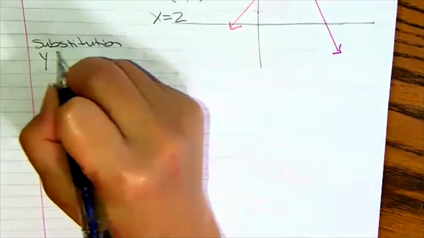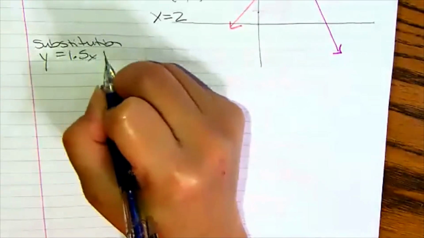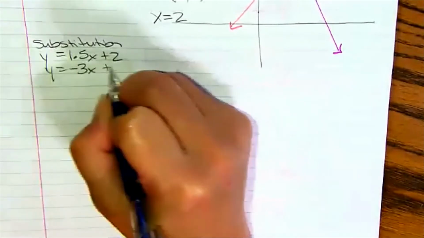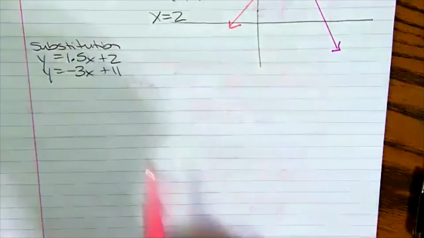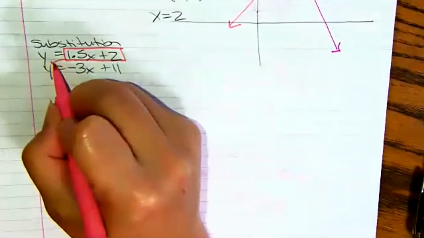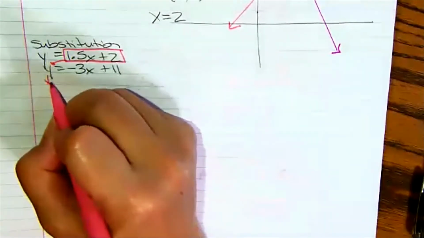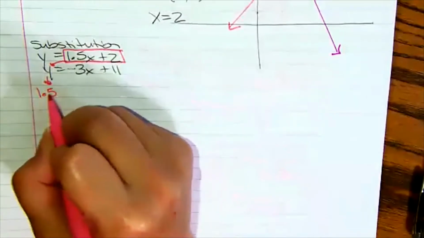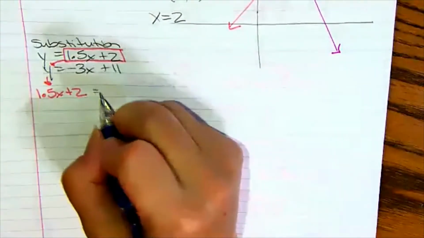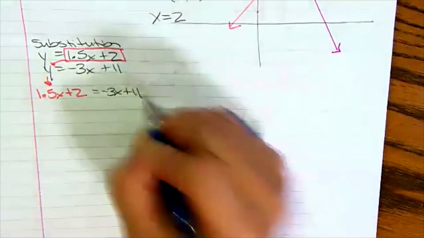So we have y equals 1 5/10 x plus 2, and y equals negative 3x plus 11. I am going to take this expression and substitute it for y. So I now have 1 5/10 x plus 2 equals negative 3x plus 11.